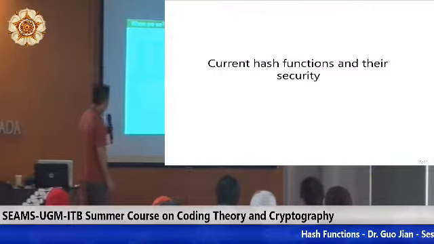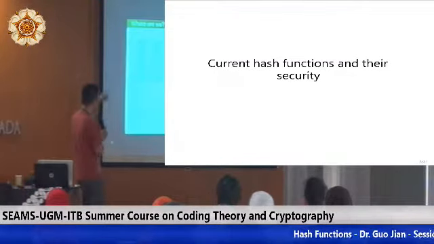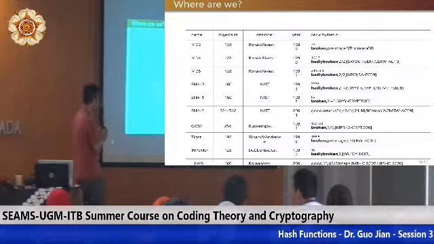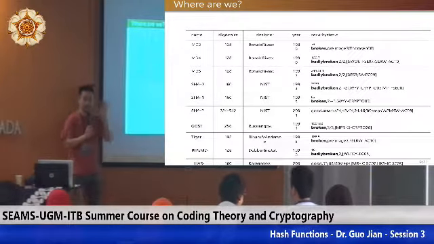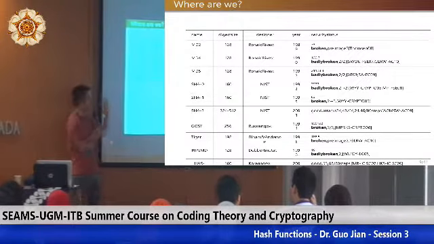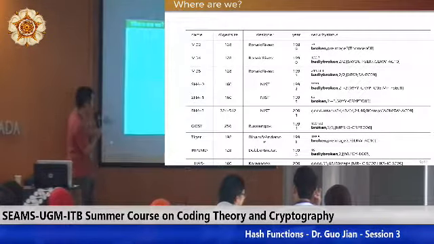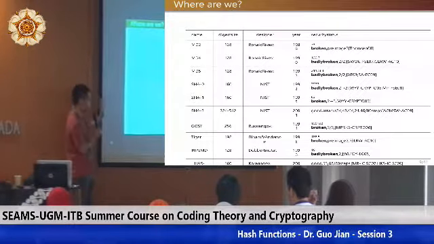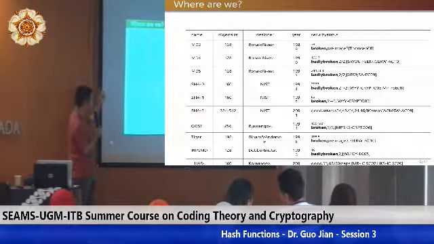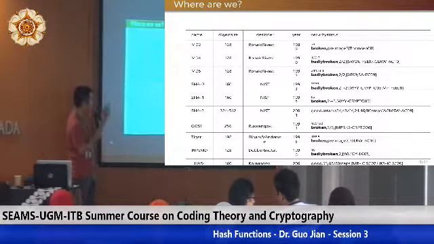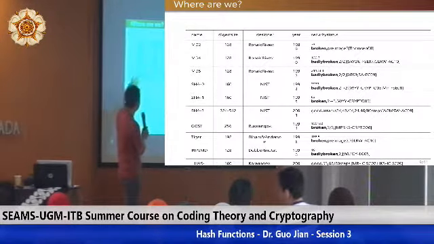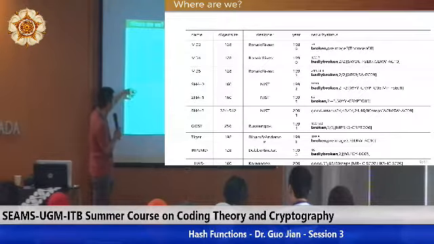Before the SHA-3 competition, this is the status of the standards. For the standards of NIST, the National Institute of Standards and Technology of the United States, it is called the MD series and SHA series, from MD2 to MD4, MD5, and SHA-0, SHA-1, SHA-2. Before the SHA-3 competition, everything was broken except SHA-2.